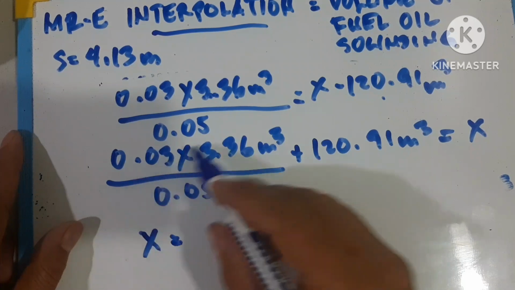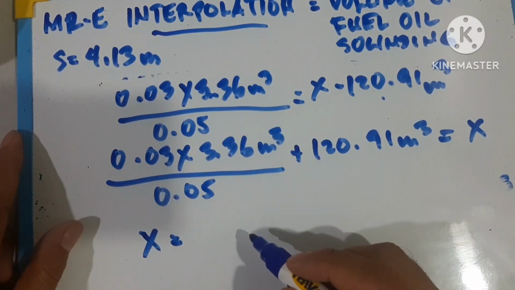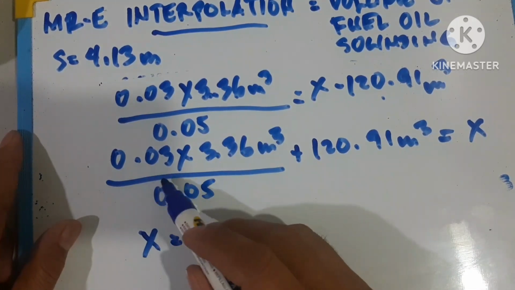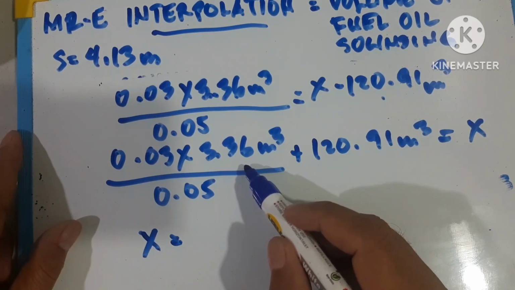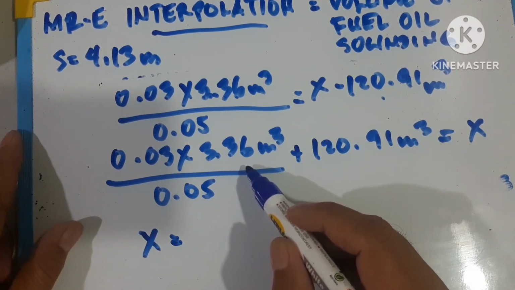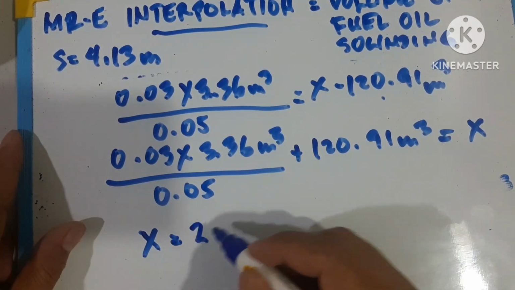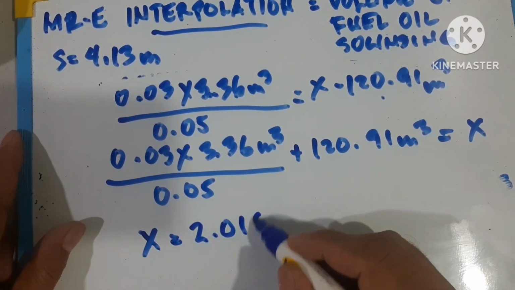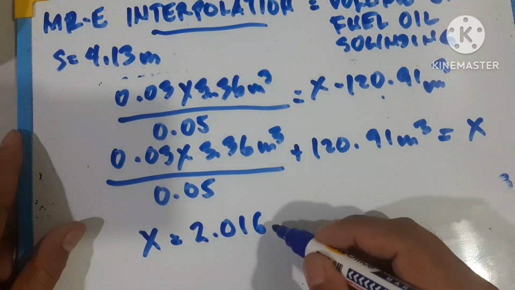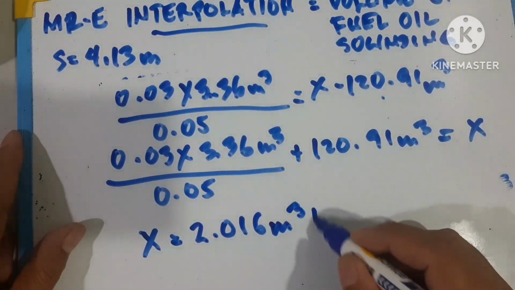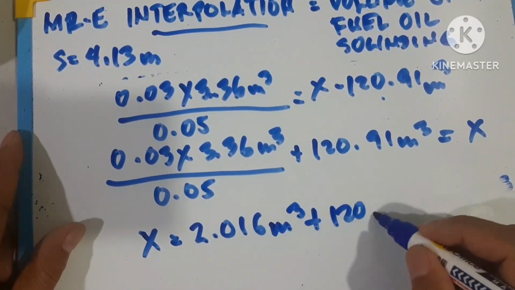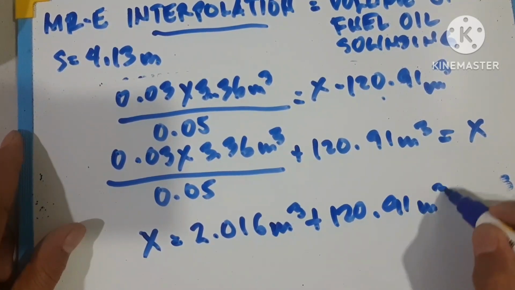So if you solve this, what you will get now is 0.03 multiplied by 3.36 divided by 0.05 is equivalent to 2.016 cubic meter plus 120.91 cubic meter.